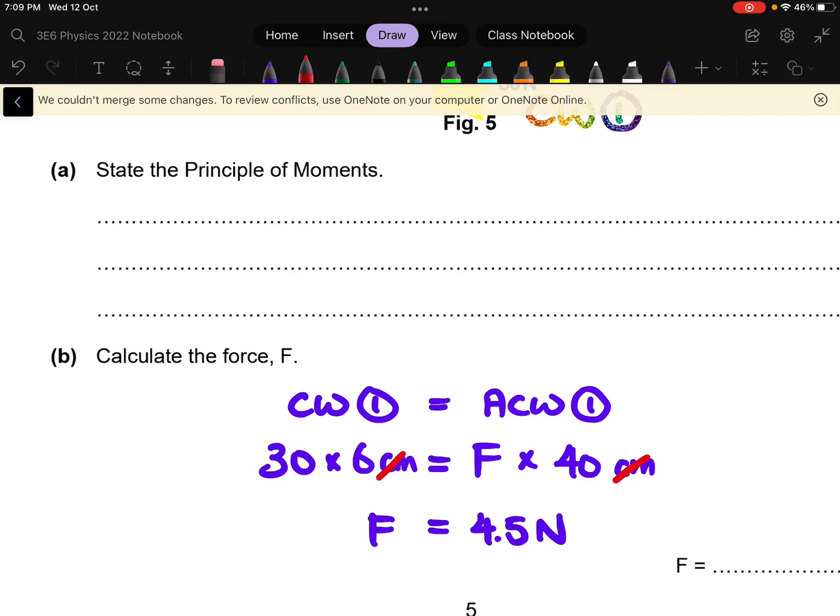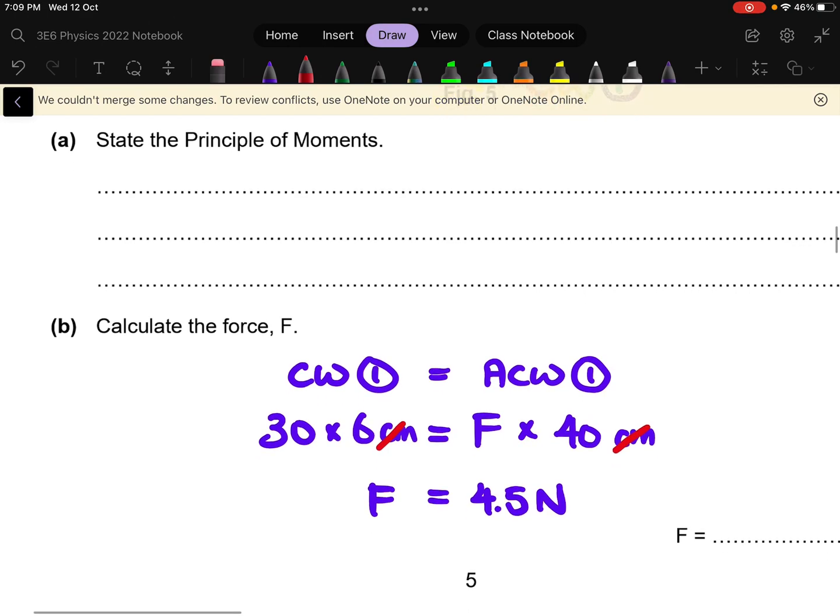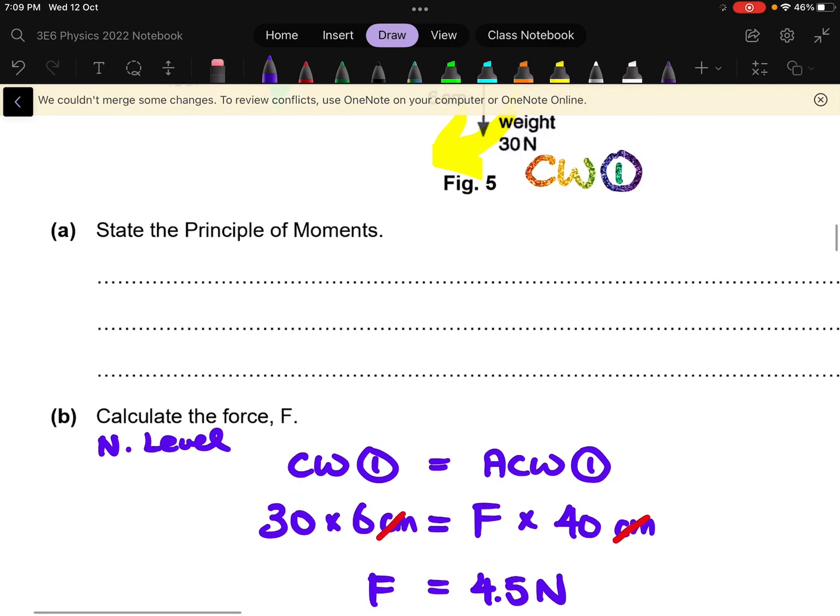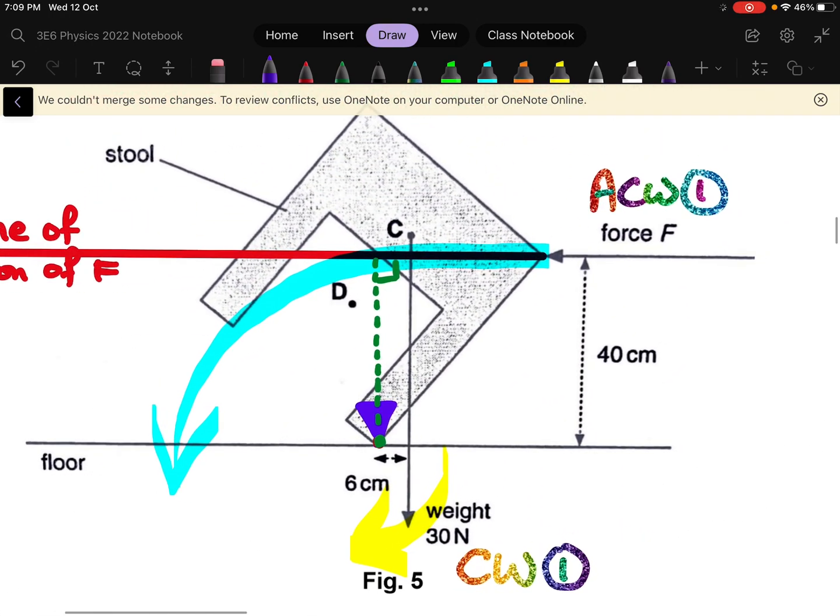For those of you who couldn't answer part B, it is actually a very simple moment question. This moment question, in fact, is for N level. In N level, when we have an object, we will have two forces. One force gives you an anti-clockwise turning effect, whereas another force gives you a clockwise turning effect.